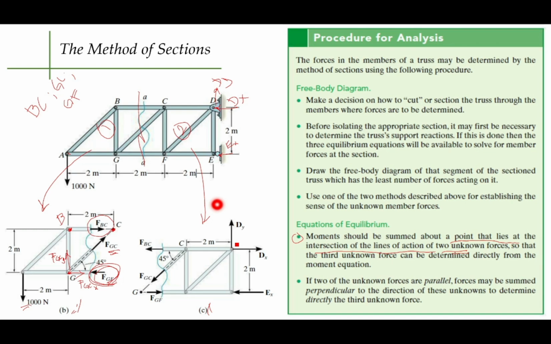Also, again following the principle of transmissibility, you can have it here at point C. This is FGCY and FGCX. So, if you do moment summation at B and you put your FGC at point C, only the y component of GC will be reflected because the x component of GC at point C passes through point B.